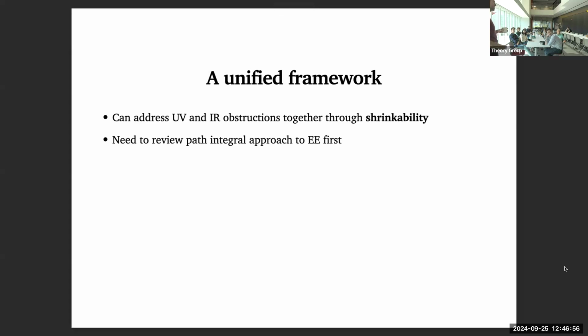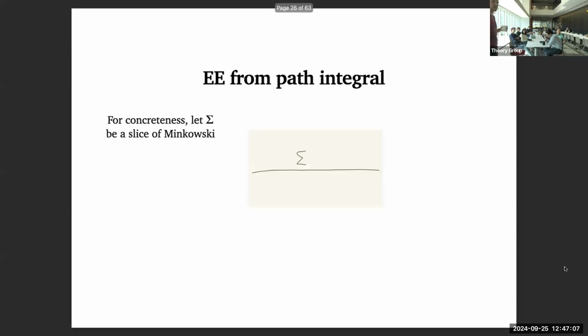Right, and I'll review the path integral approach before saying what I really mean by shrinkability. To compute the entanglement with the path integral, you start off with a Cauchy slice, and for concreteness, let's work in Minkowski here, and then I'm going to be splitting into left and right Rindler patches.